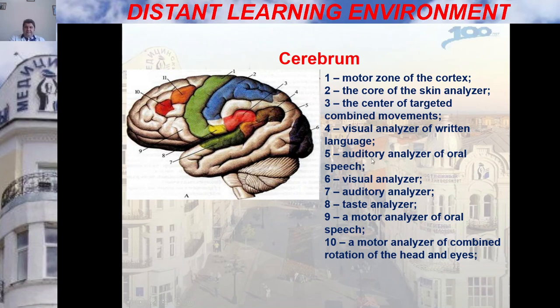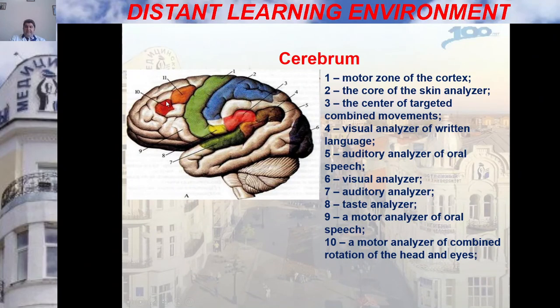In number 5 you may see auditory analyzer of oral speech. It's also a part of verbal system or second signal system. This is supramarginal gyrus. In number 7 you may see the part of temporal lobe and projection of auditory analyzer, hearing analyzer. So in number 8 a part of taste analyzer.